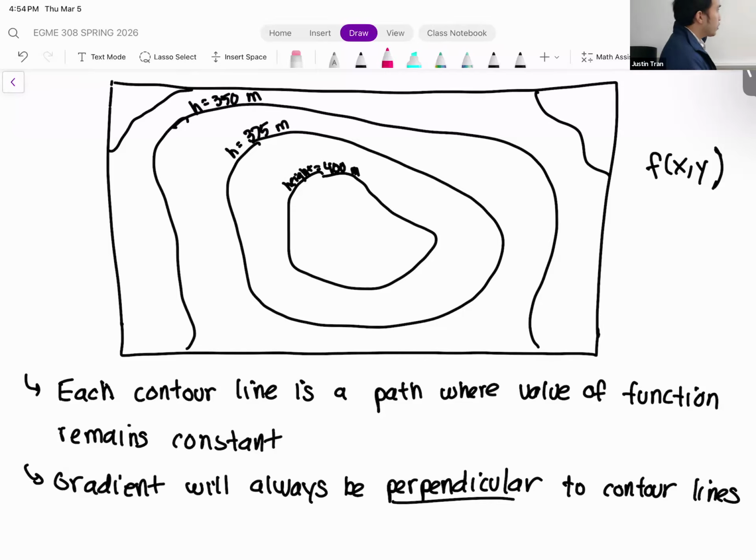All right, so if we were to compute the gradient of f here, it's going to produce a vector field. And if you evaluate those vector fields on those contour lines, you'll see that the direction given to us is always going to be perpendicular to those contour lines.